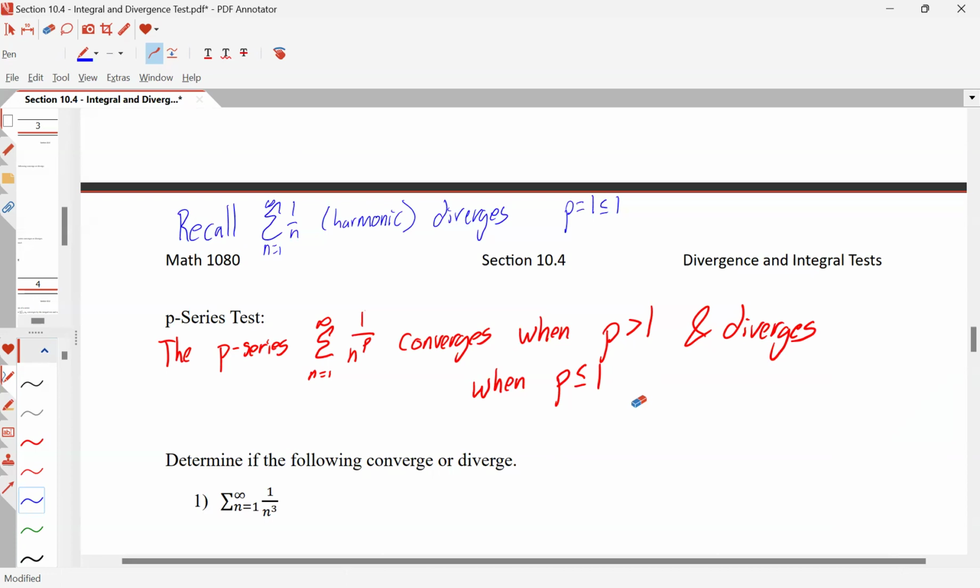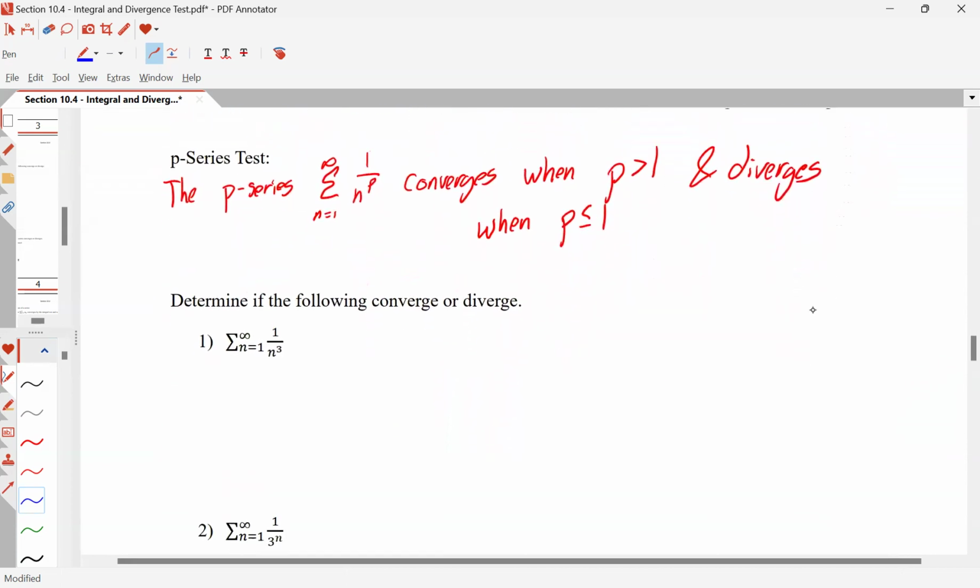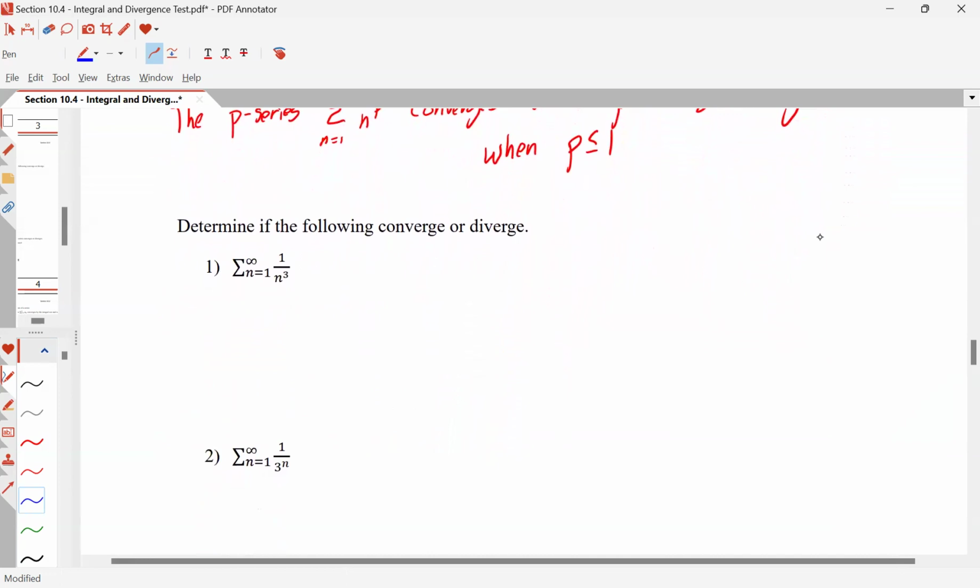So now if we have any series that's 1 over n to some exponent, we can tell very quickly if it converges or diverges. We've just got to be careful as to what we're looking at. Look at these two series, very similar. We have 1 over n cubed and 1 over 3 to the n.